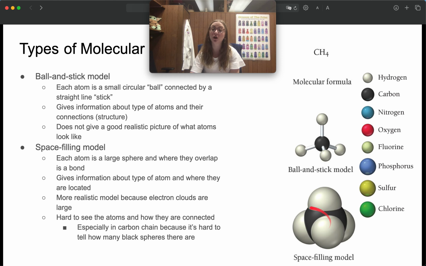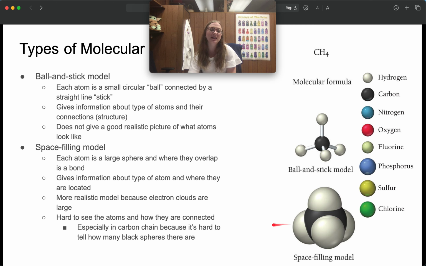It gives us a good picture of what this molecule would look like in 3D space, and great information about the types of atoms and where they're located. It's more realistic because those electron clouds are huge compared to that teeny tiny nucleus. In that chemical bond, it's how they overlap that creates the bond.